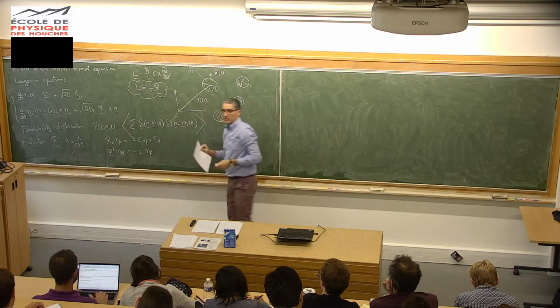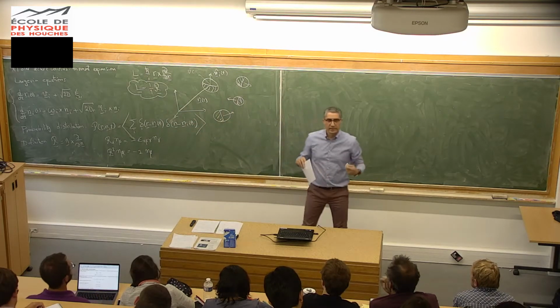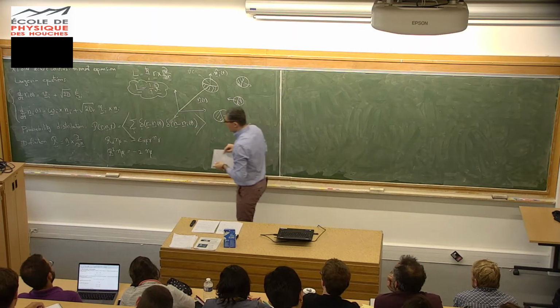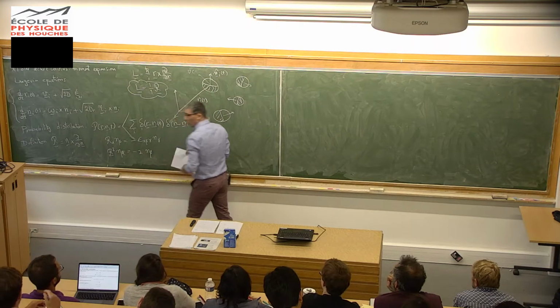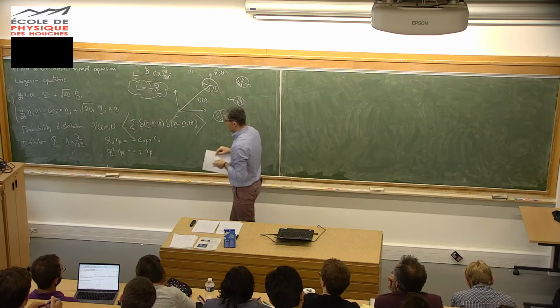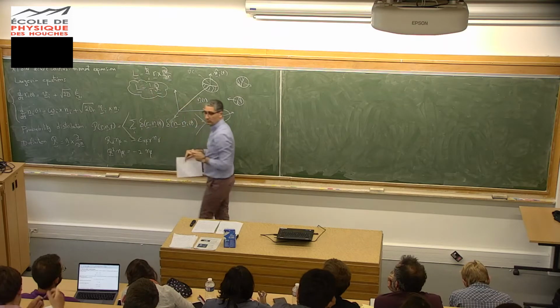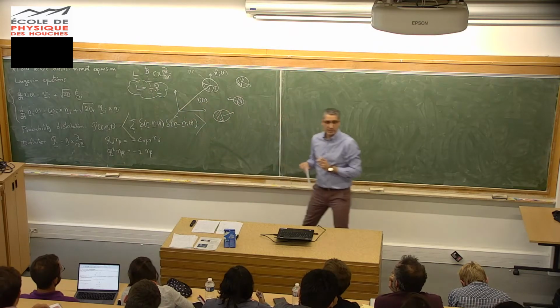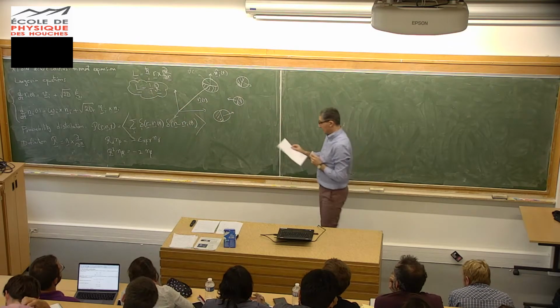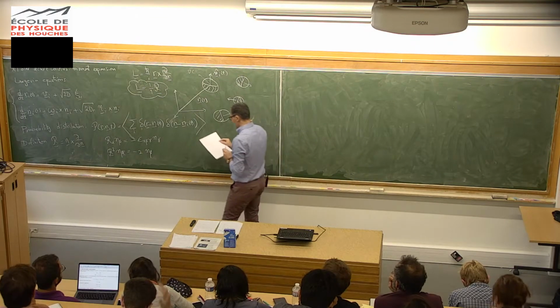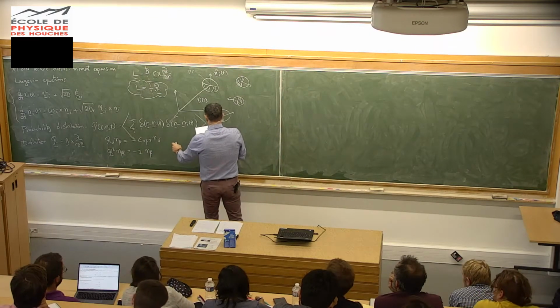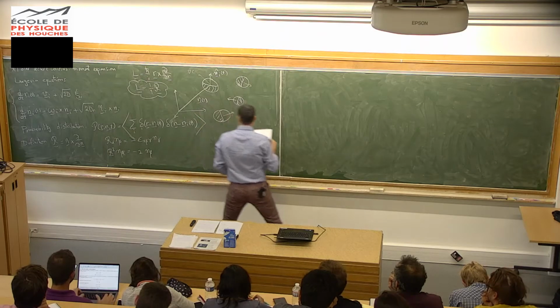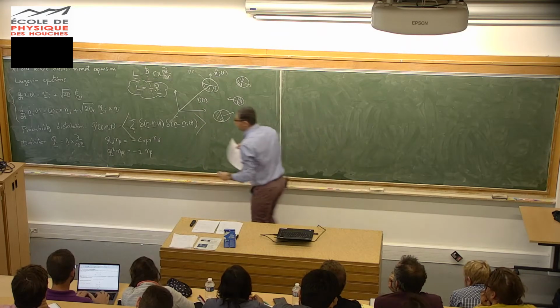This is L times L plus 1 in the algebra of angular momentum. So L equals 1 gives you 2. And the minus sign is because of this i, right? So it's fairly simple if you remember quantum mechanics. I'll leave it there.